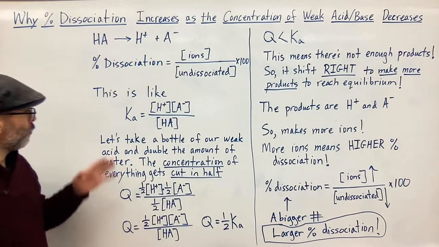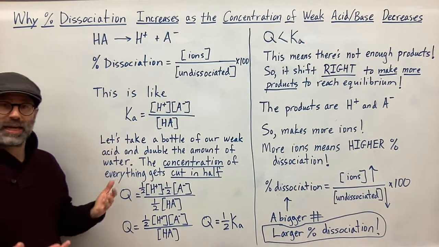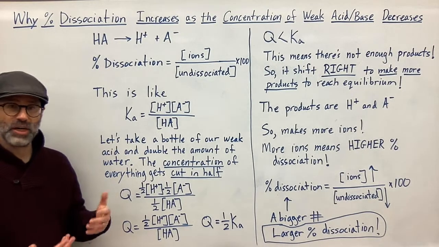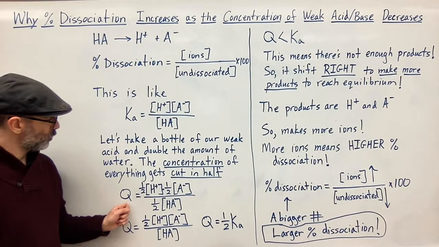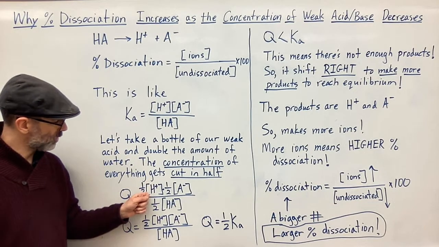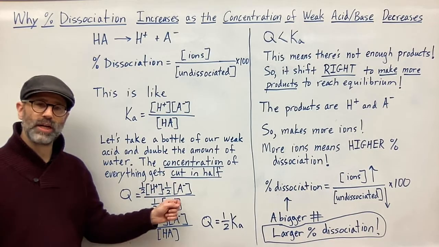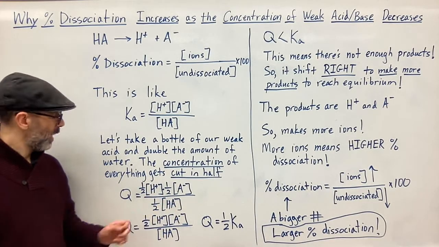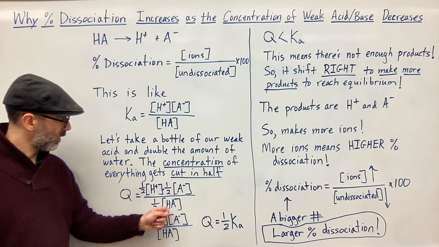half. And so if we take our Ka, which now would not be at equilibrium because we changed the concentration, so this would be our Q now. So Q is equal to 1/2 the original concentration of H plus times 1/2 of the original concentration of A minus, divided by 1/2 the original concentration of HA.